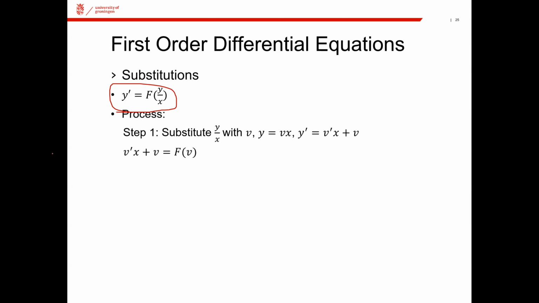The first step is to substitute y divided by x with v. So y will equal v times x, and we calculate the derivative of y with respect to x.